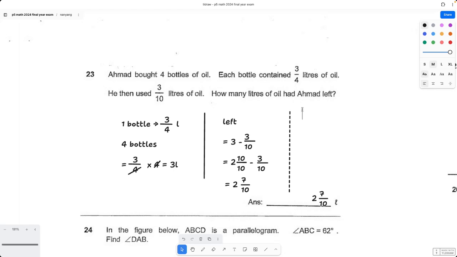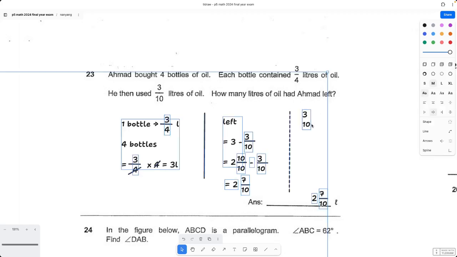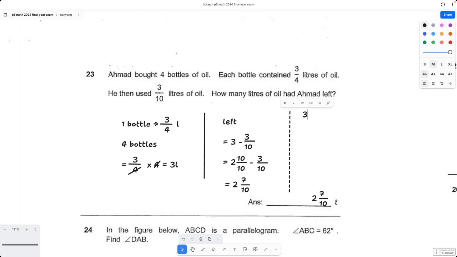Another way is 3 out of 10 liters. 3 out of 10 is equal to 3 divided by 10, which is equal to 0.3 liters. So left is equal to 3 minus 0.3, which is equal to 2.7 liters.